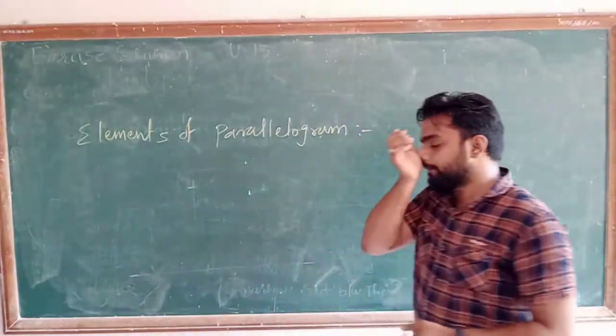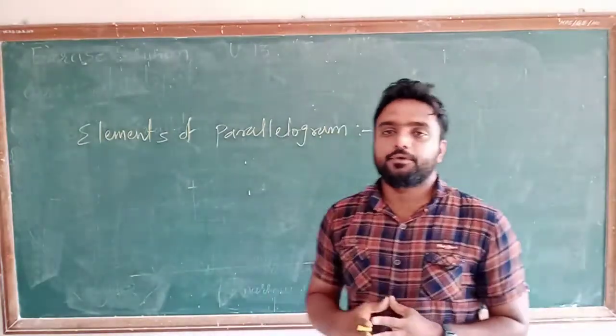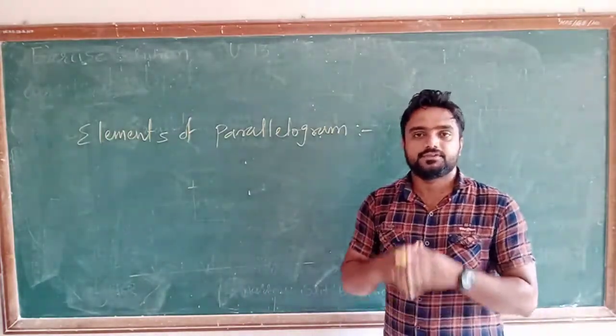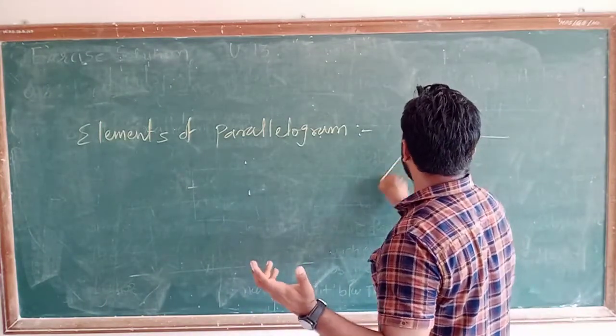Okay, now proceeding further to the next topic, that is the elements of a parallelogram. That means what, अगर एक parallelogram ड्रॉ किया हुआ है तो उसमें कौन सी चीजें हैं, which things have a name. Okay, suppose I am drawing a parallelogram.